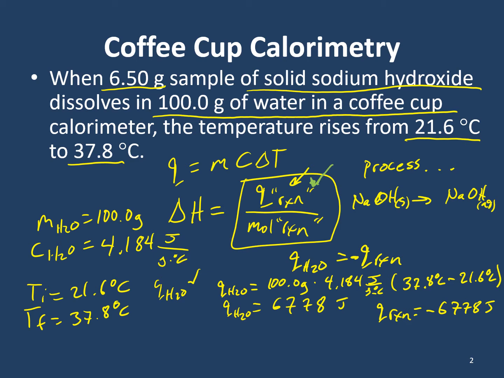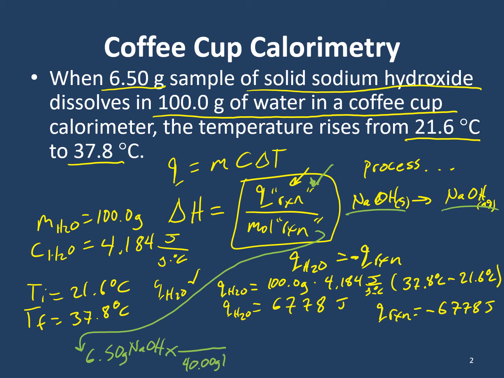Now I need moles of the reaction. Well, I know that for every 1 mole of NaOH that I dissolve, I get 1 mole of aqueous NaOH. So I can get the moles part from the 6.50 grams of NaOH. I know the molar mass is effectively 40 grams of NaOH per 1 mole of NaOH.